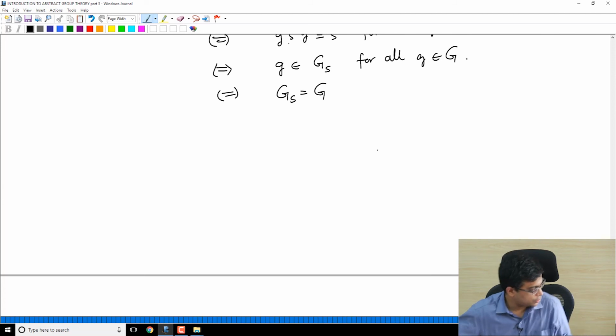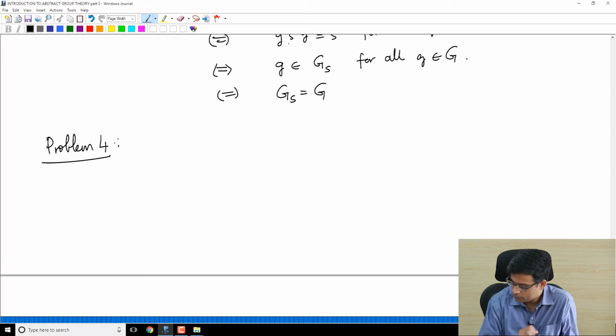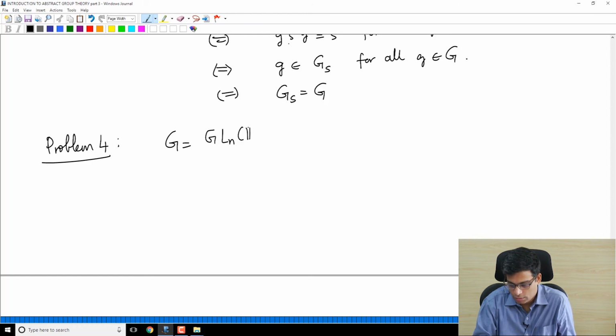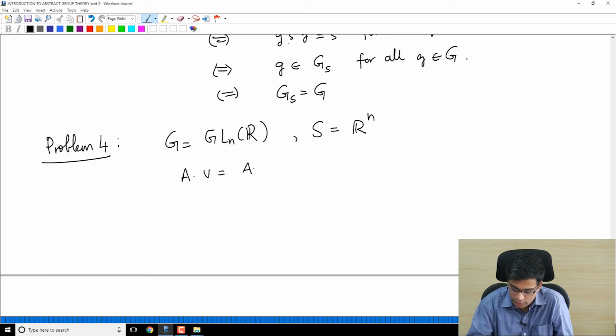Okay, so now let's look at a different action, so a different example. Let's look at problem 4. Here I am going to consider the action of the group of invertible n by n matrices on the set of column vectors. Here the action is given by A dot v is Av, where Av is matrix multiplication.